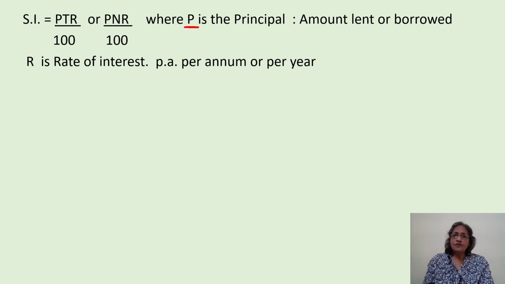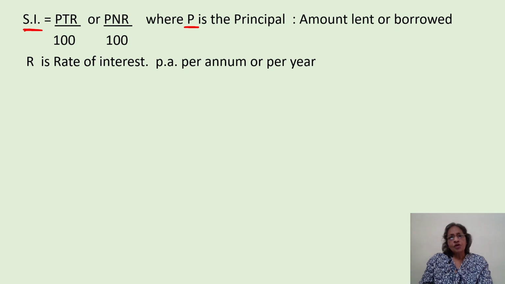Now your friend needs this 20,000. You tell him that I am going to give you this 20,000. And you think, if you're going to give him this 20,000, I should take something extra. Now the extra amount that you take is called as the simple interest.